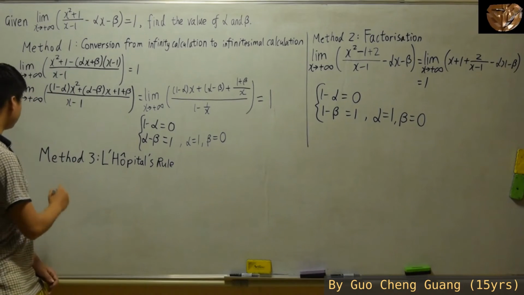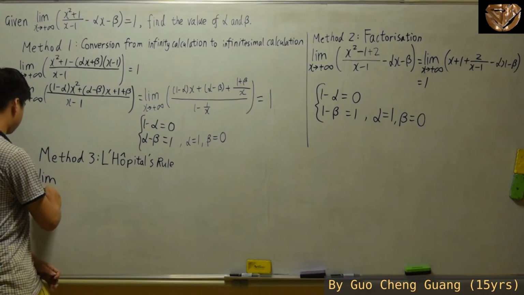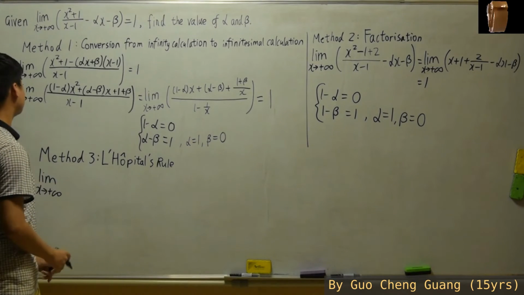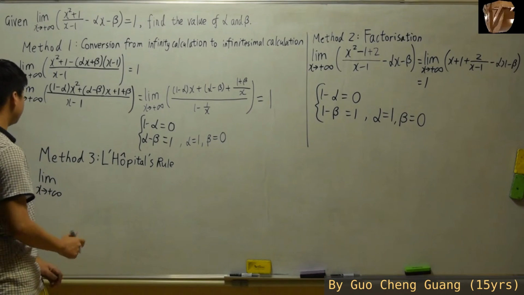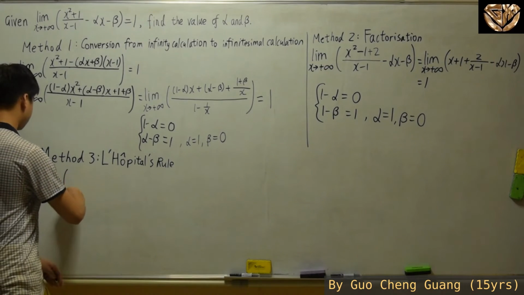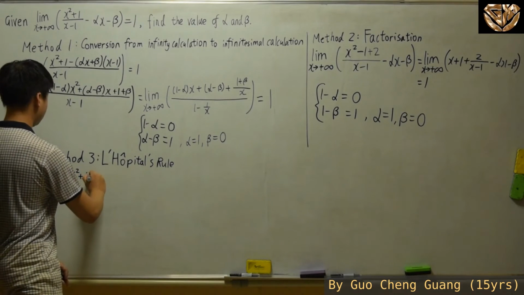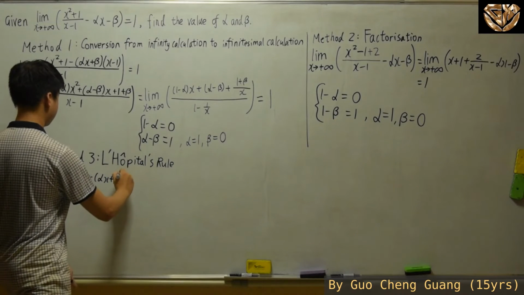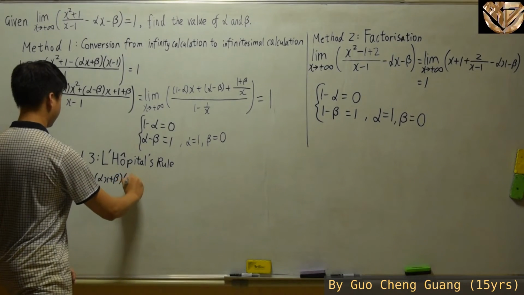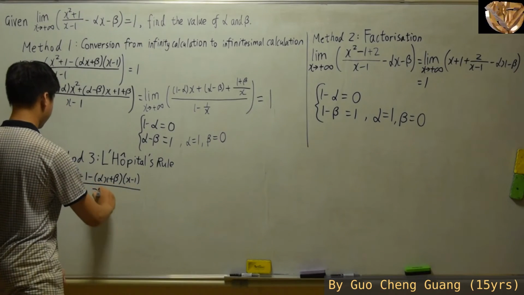Right, so for L'Hopital's rule, we're going to have limit as x approaches positive infinity, and we are going to see x squared plus 1 minus alpha x plus beta x minus 1, then divided by x minus 1.